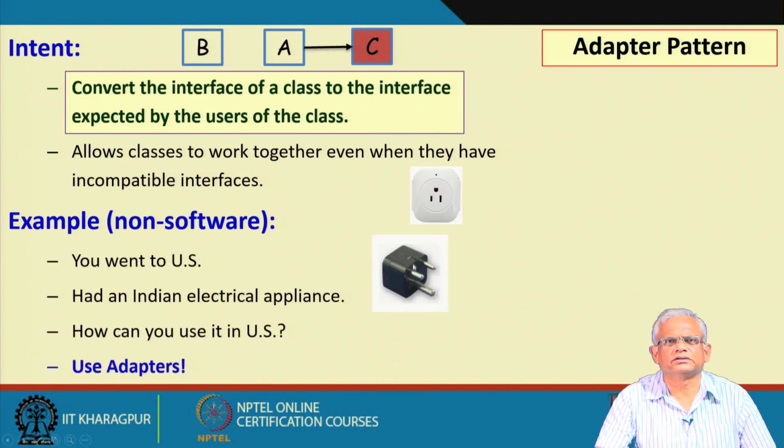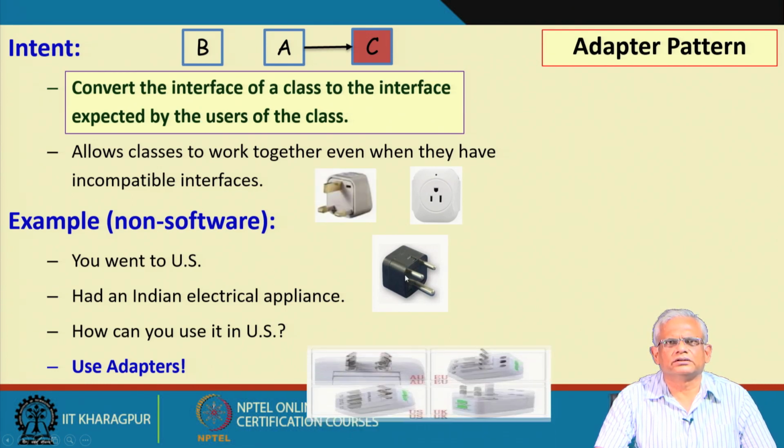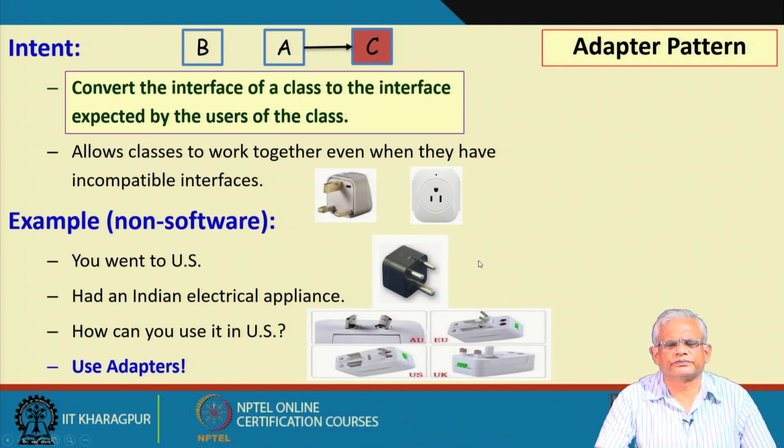This is the charger, and we were using the charger in India where the socket was different. Now, how do we make this work with the country that we visited? Let us say USA has this kind of a socket. How do we make our mobile charger, which needs a socket of a different type, work with the socket here in USA? We need an adapter.